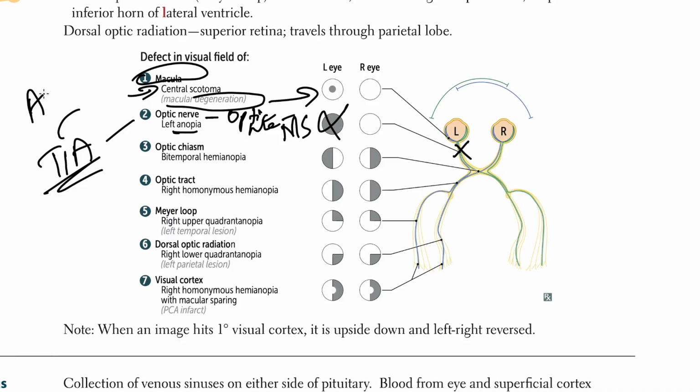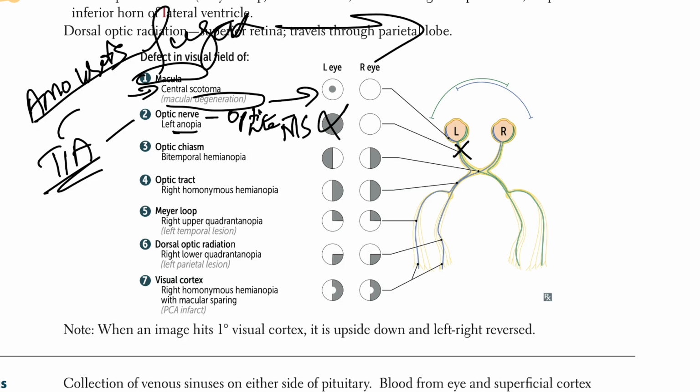Let me write it. Amaurosis fugax. I don't know the spelling here, but fugax. Okay. And this is just a transient monocular, meaning one side only, vision loss. It is seen with the transient ischemic attack. Okay, and that can also cause anopia.